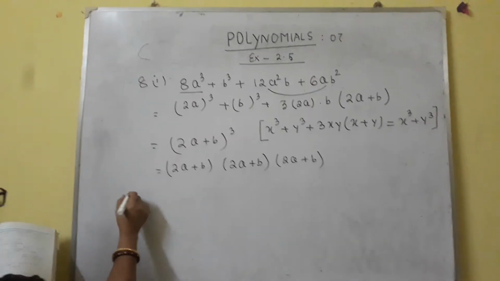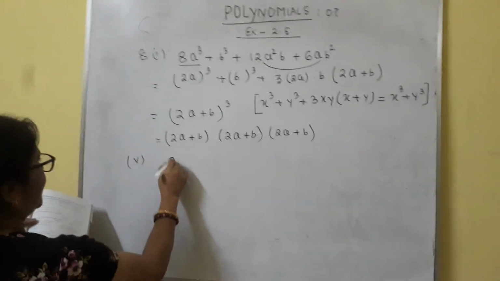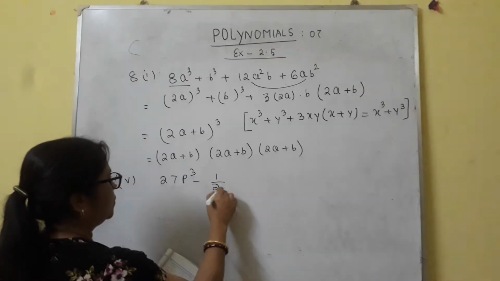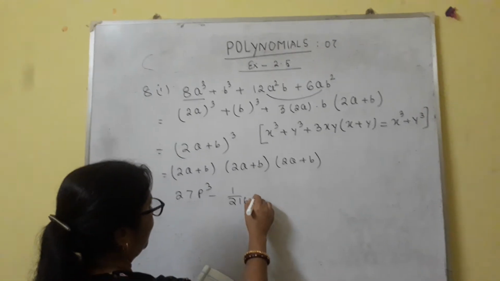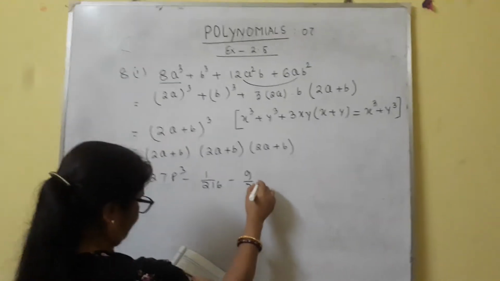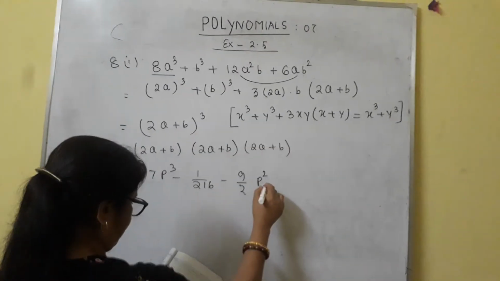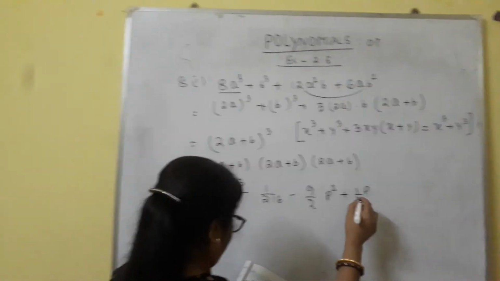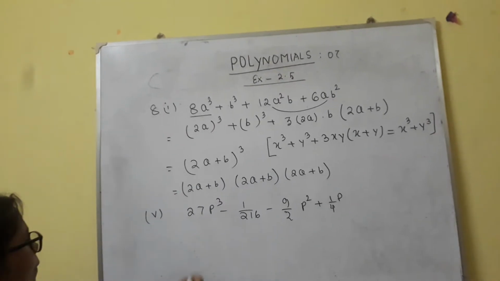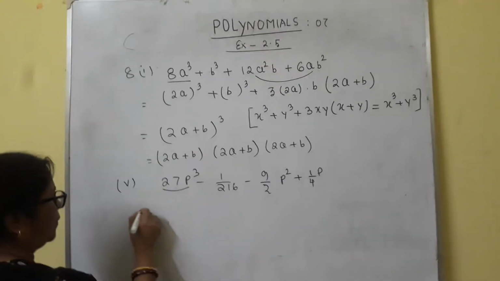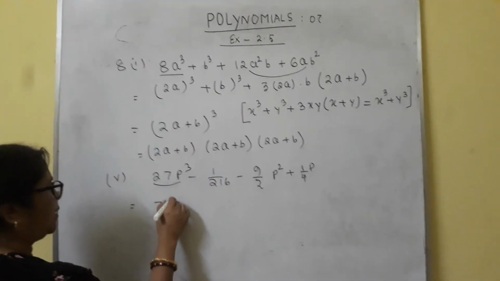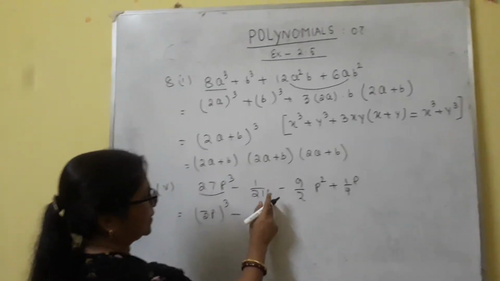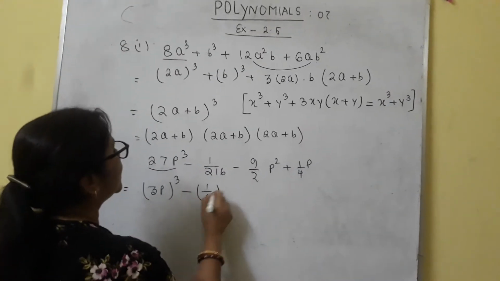Sum number 5: 27p cube minus 9 by 2 p square plus 1 by 4 p minus 1 by 216. 27p cube means 3p whole cube. 1 by 216 means 1 by 6 whole cube.